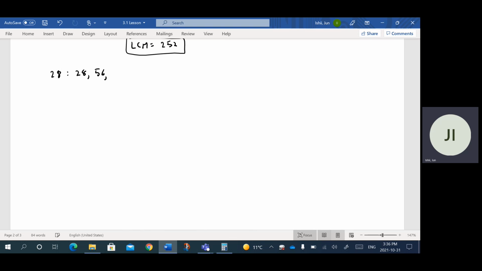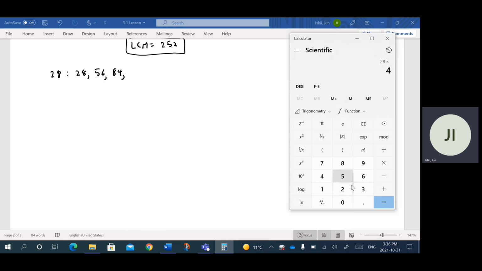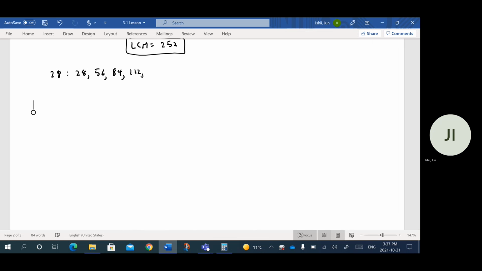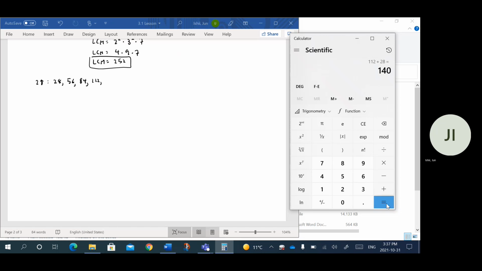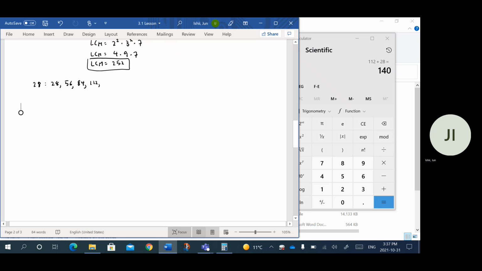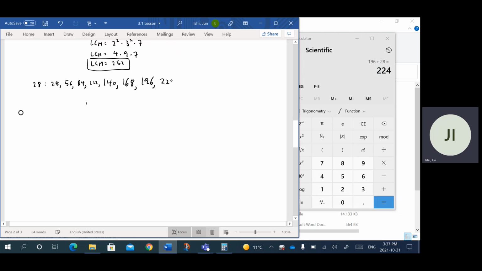So the multiples of 28 are 28, 56, 84, then 28 times 4 is 112, 140, then the next one is 168, 196, 224, and 252.